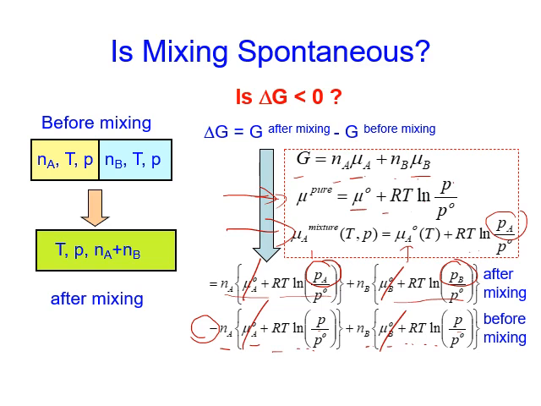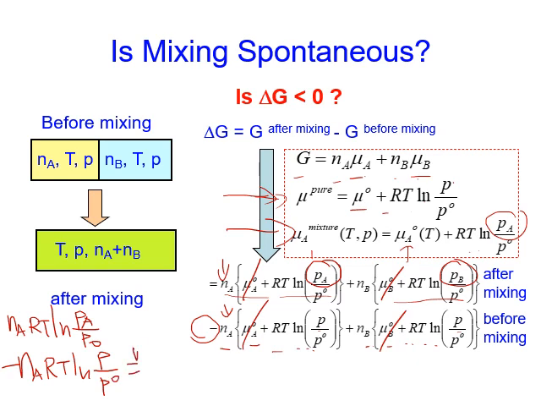Let's combine the terms involving A. It will be NA RT ln PA divided by 1 bar minus NA RT ln P divided by 1 bar. We can factor out NA RT.